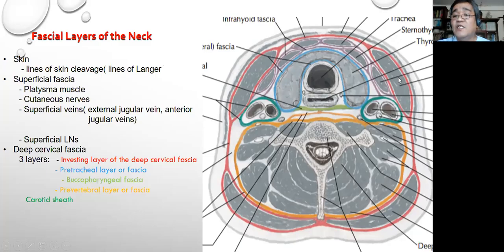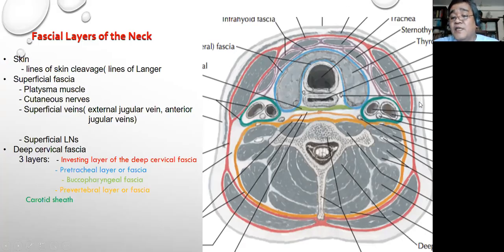Now, let's go now to the different layers of the neck. Okay. Now, the visceral structures and the muscles of the neck are actually wrapped by a series of fascia layers, no? The first of this fascia is your superficial fascia, the one in white, which runs circumferentially around the neck.